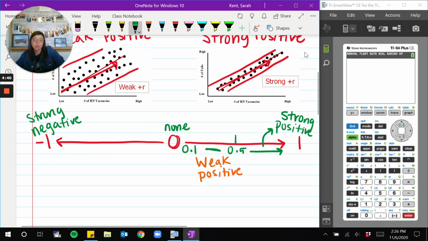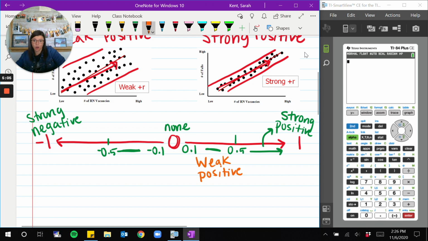And the same can be for our negative side. So here, if we say -0.1 to the middle of -0.5, here where it's in the middle, we can say, well, it's not 0, it's not none, but it's not 1, it's not strong.